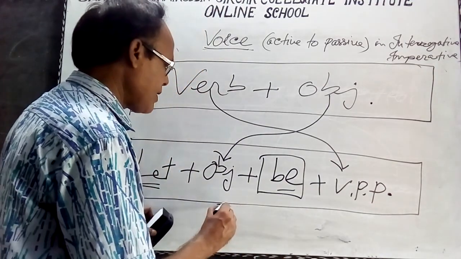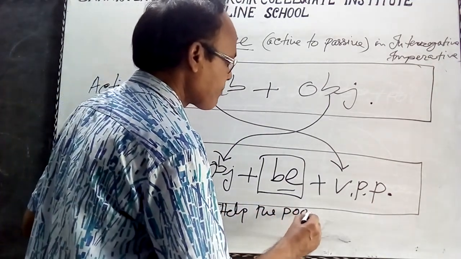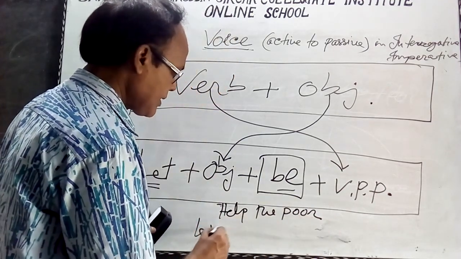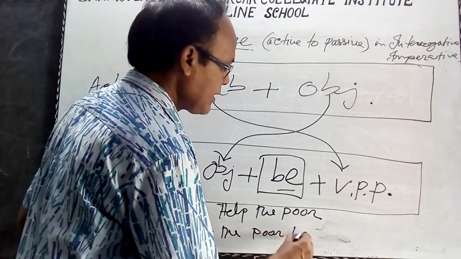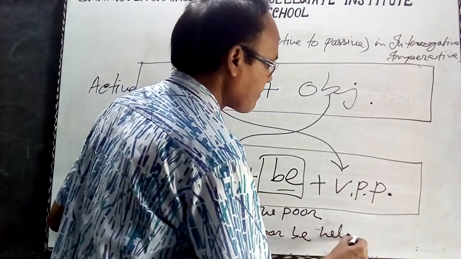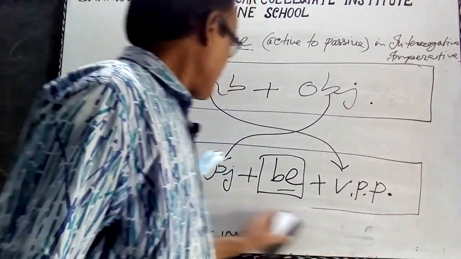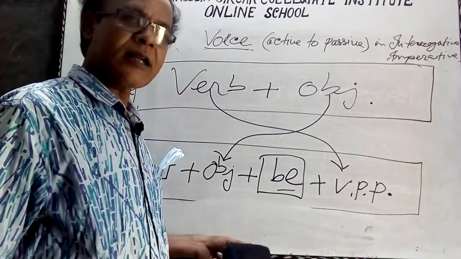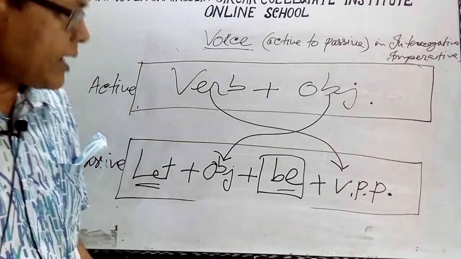Another example: help the poor. Let the poor be helped. Another: buy a car. Let the car be bought. So this is the structure.